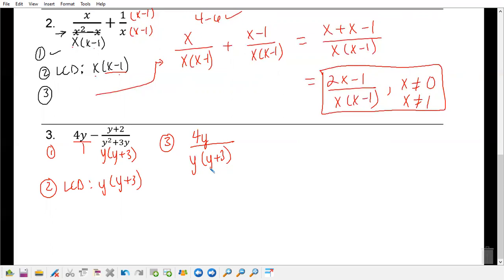Now notice if I multiply the denominator, I have to also multiply the numerator. So 4y times y plus 3 minus y plus 2 over y times y plus 3.